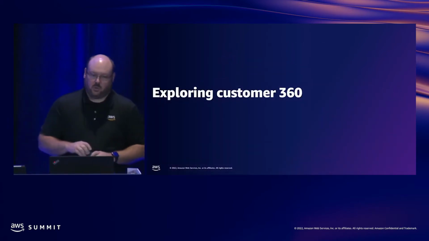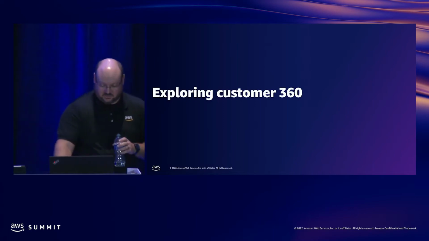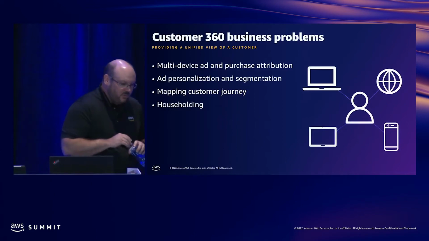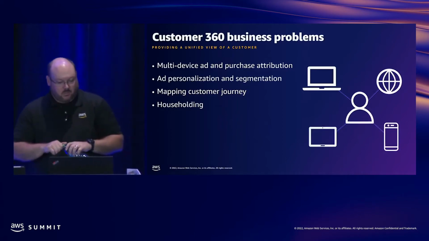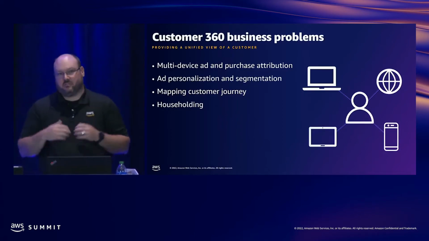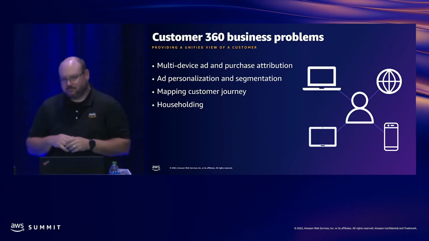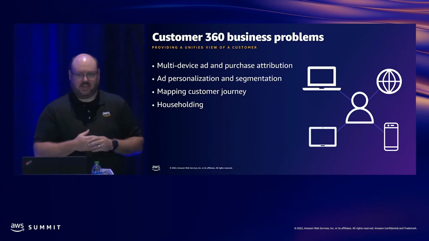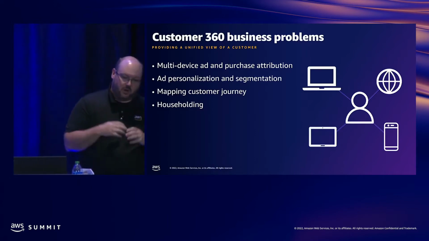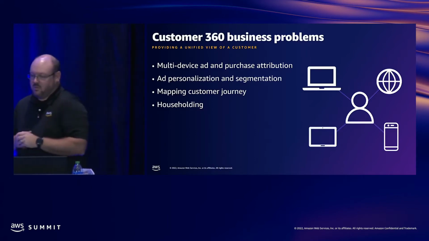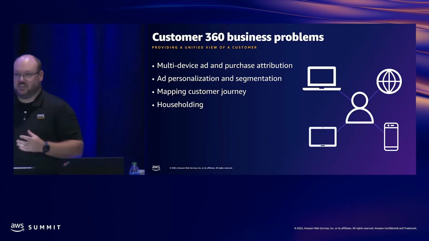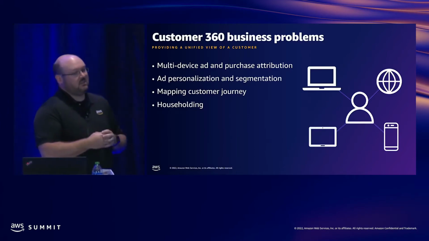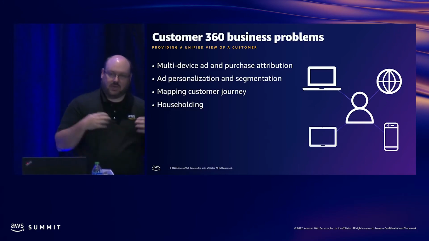So let's get a little bit more into Customer 360 specifically. As I mentioned, we're starting to see this used in a number of different verticals. Advertising and marketing uses this type of pattern quite a bit in terms of trying to target ads for customers, but also for products, product positioning and customer segmentation, looking at what attributes customers have in common, and also mapping out customer journeys.